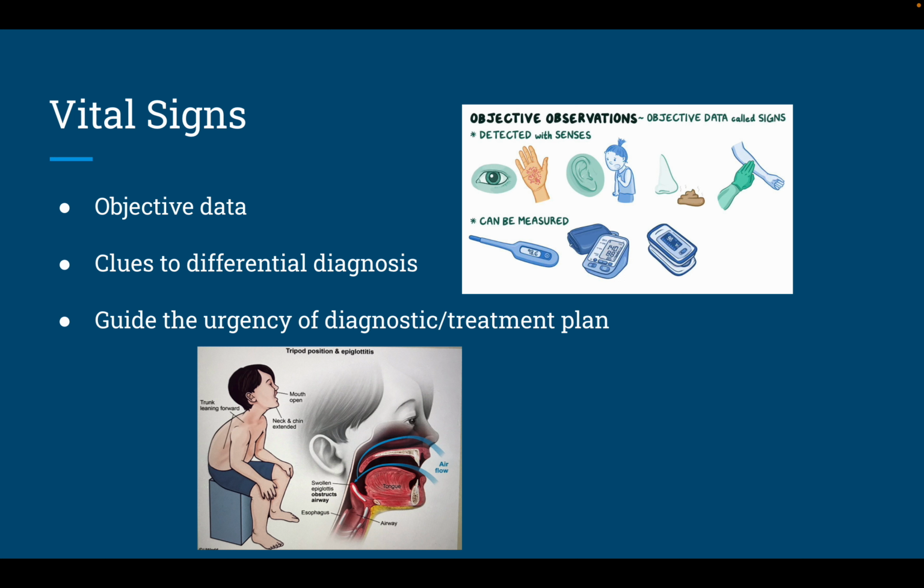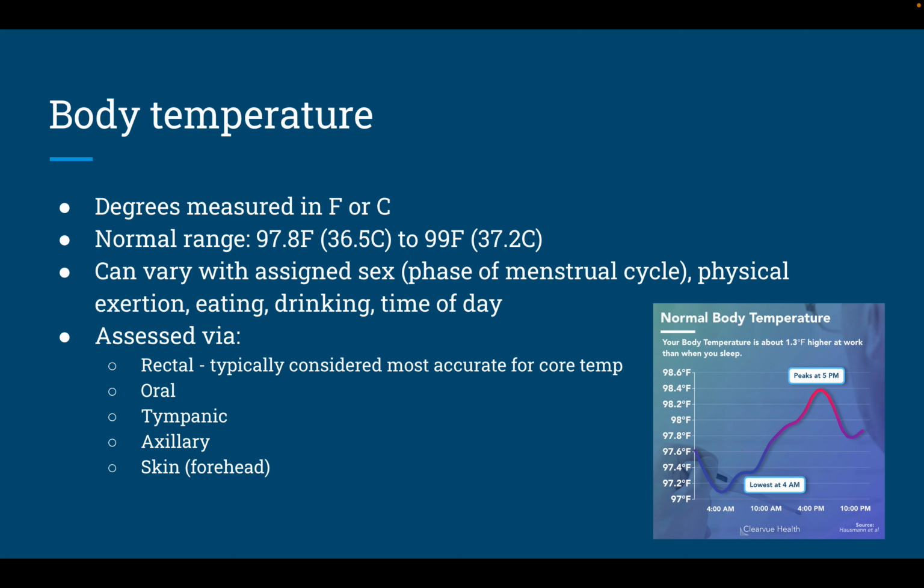And so rectal is sort of a good surrogate. Tympanic temperatures using the eardrum are fairly accurate, axillary under the armpit, and then the surface temperature of the skin with those thermometers that you sort of drag across the forehead are all reasonable options, but we'll typically see oral used in most of our settings.